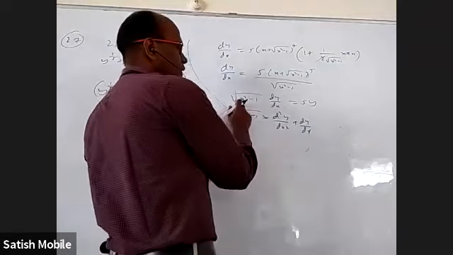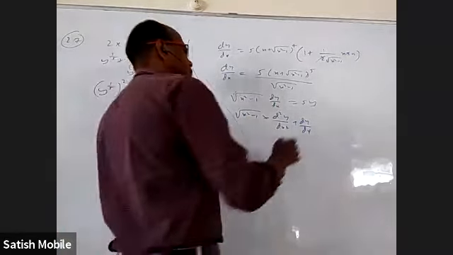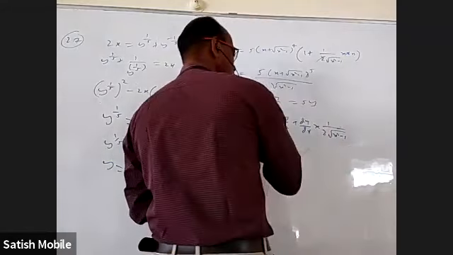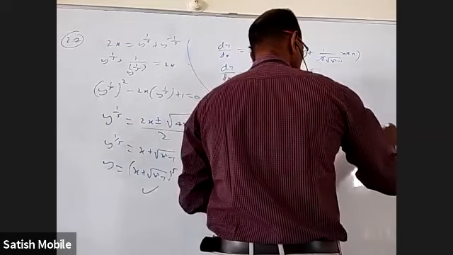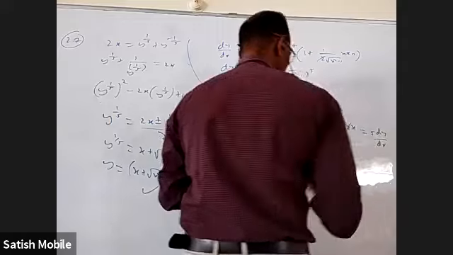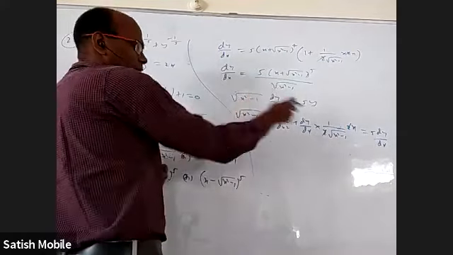What is the derivative of this now? Product rule. This into the derivative of this is done. This into the derivative of this: root x square minus 1 derivative is 1 by 2 root x square minus 1, derivative of the inner part is 2x, equal to 5 dy by dx. 2 will cancel. Now this root x square minus 1, multiply once again, like here you brought it, bring it once again.